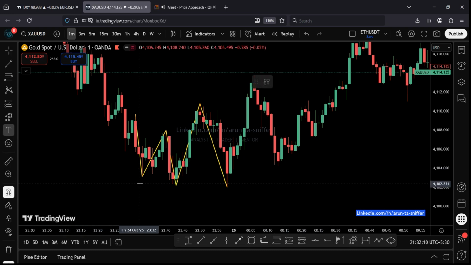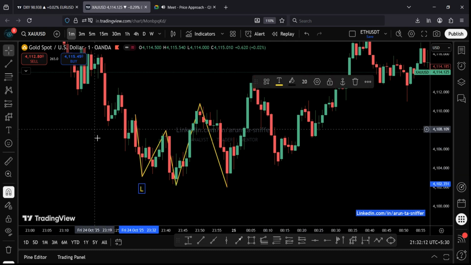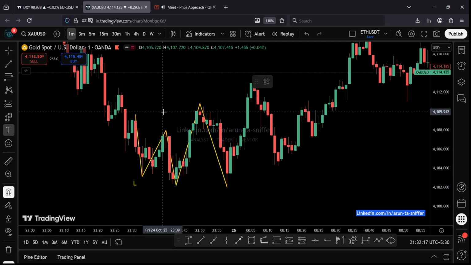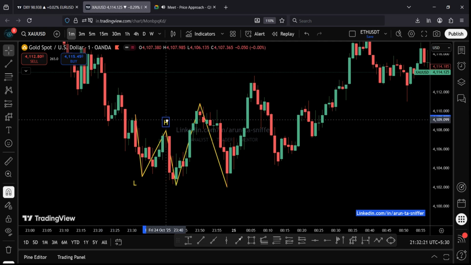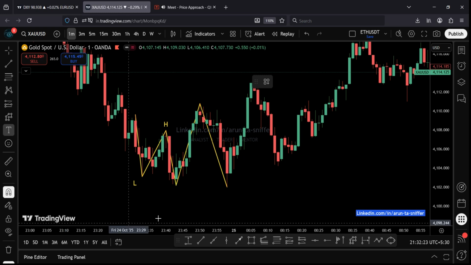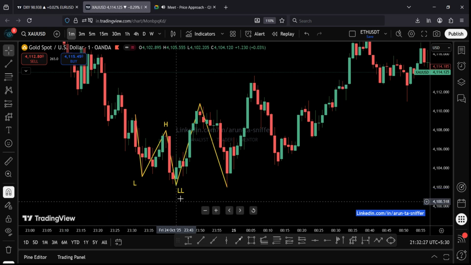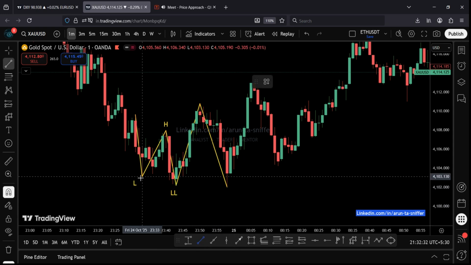Here, price makes a low. Makes high here. Makes lower low. This is lower low, price crossing this.